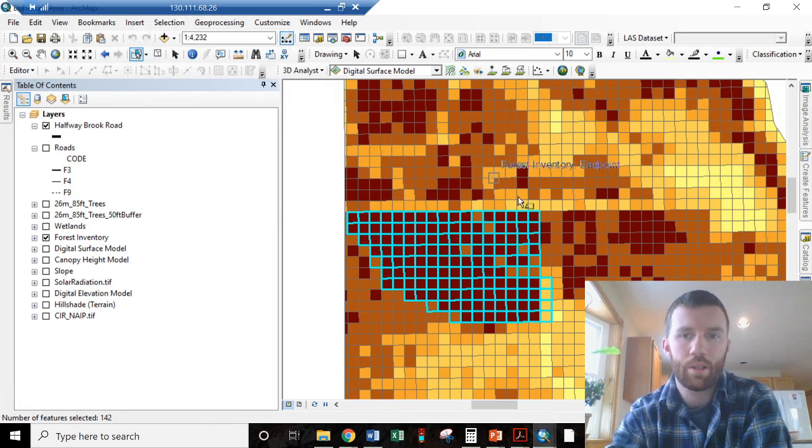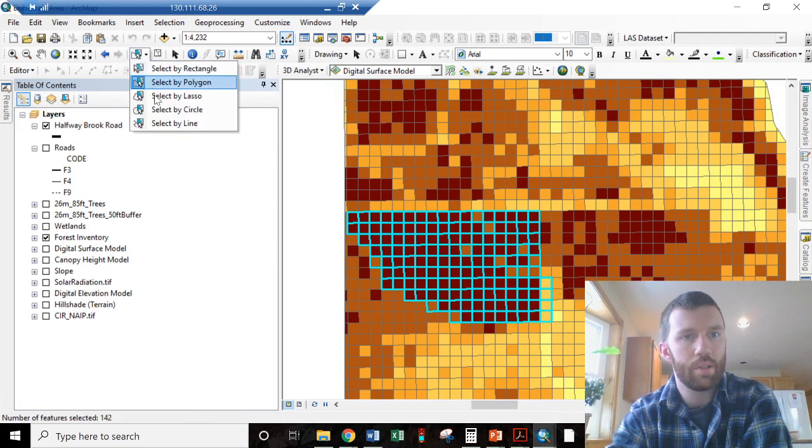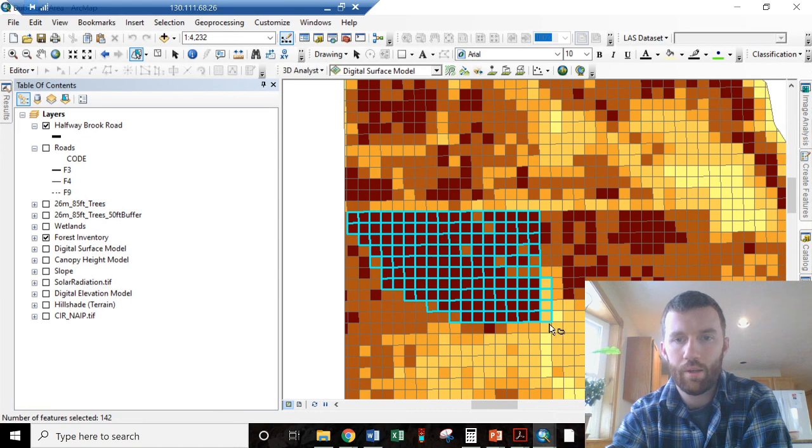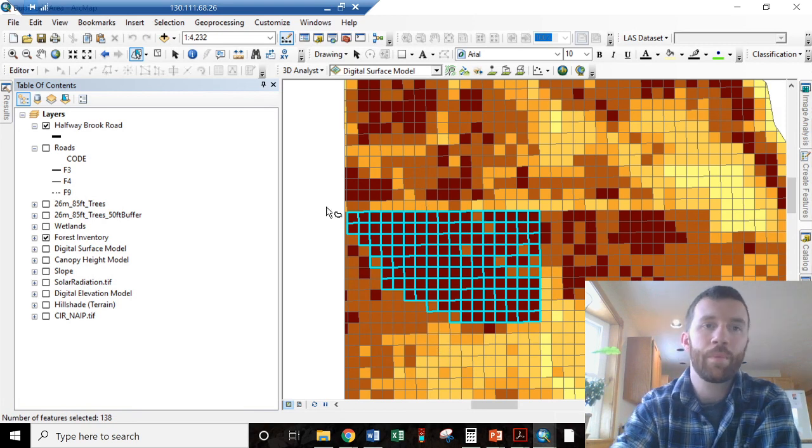Remove from current selection, and I can just click. Oh, now it's sad. So I'm going to use the select by lasso there. Draw that and remove that from my selection. Now I'm happy enough with that.